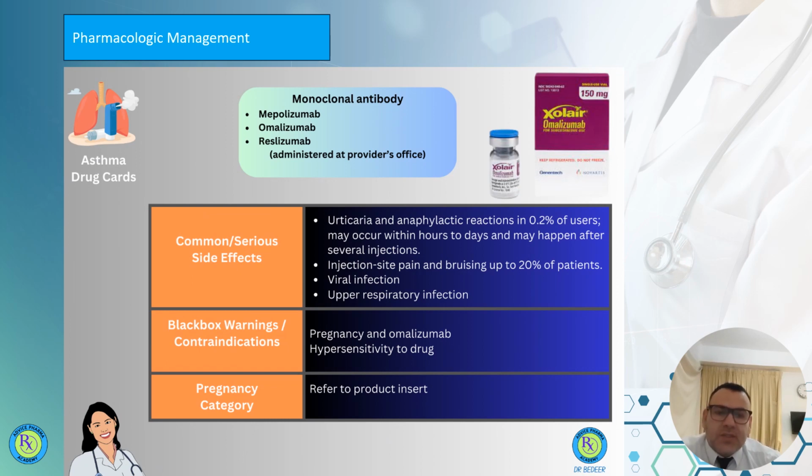Monoclonal antibodies, this new type of medication, is a biological medication. This medication works on interleukin. So interleukins have a role in asthma. So blocking this interleukin with antibodies like mepolizumab, omalizumab, which is Xolair, or reslizumab, which is administered in an office or a clinic.